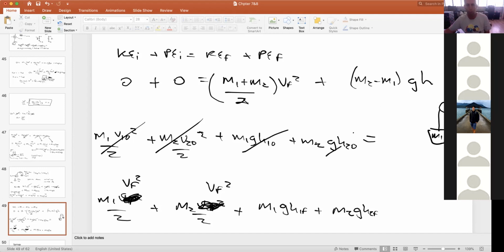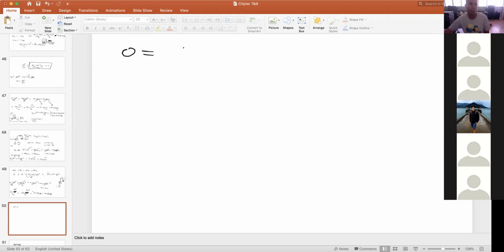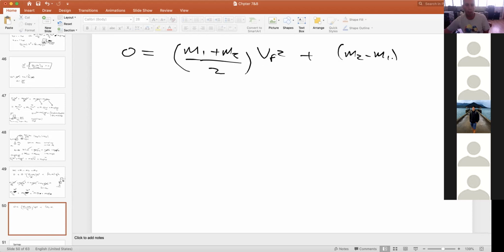If we do that, and then it falls 10 meters, this one has to rise 10 meters, then H is equal to 10 meters, and this becomes negative H, positive H. And so what you get out of this is that 0 is M1 plus M2 V final squared over 2 plus M2 minus M1 G times H final, let's call it.